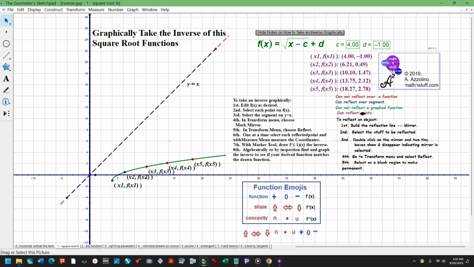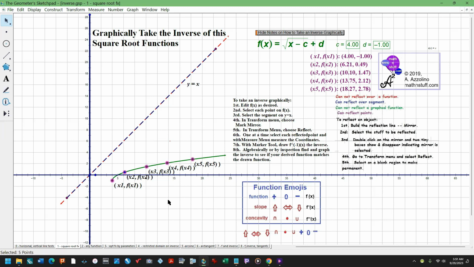You can reflect points. So, in order to attempt to reflect this curve, I'm going to first edit the function. I'm going to leave it. Select each point on f of x. I'm going to pick this one, that one, and that one, and that one, and that one.